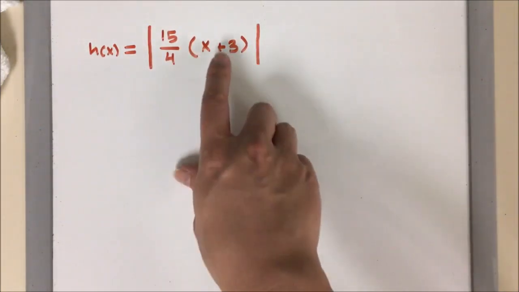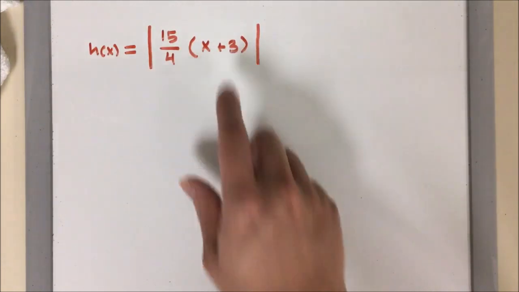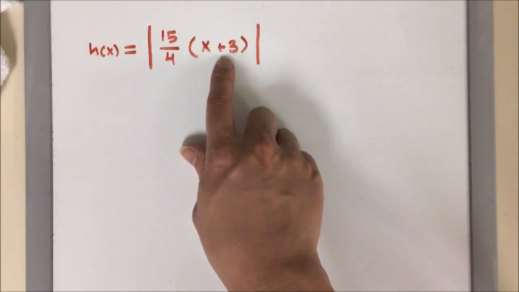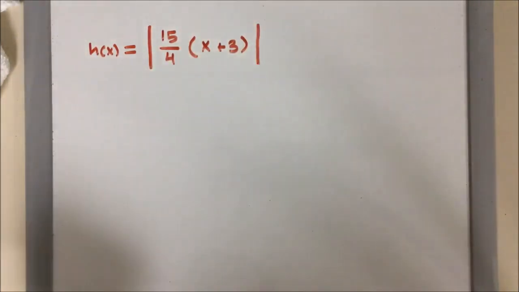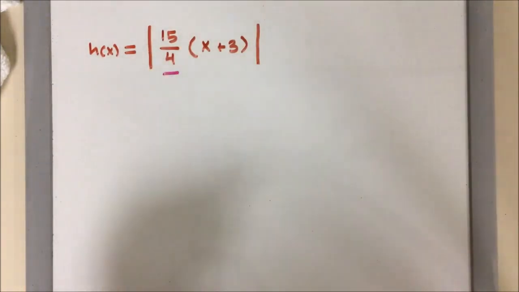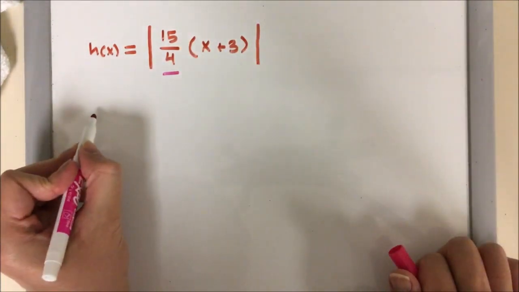So we want to keep this number intact in its original form. So that way you can identify the correct transformation with this plus 3. Alright, so the 15 over 4, since it's inside the absolute value lines and it's in front of x, this will be classified as horizontal.